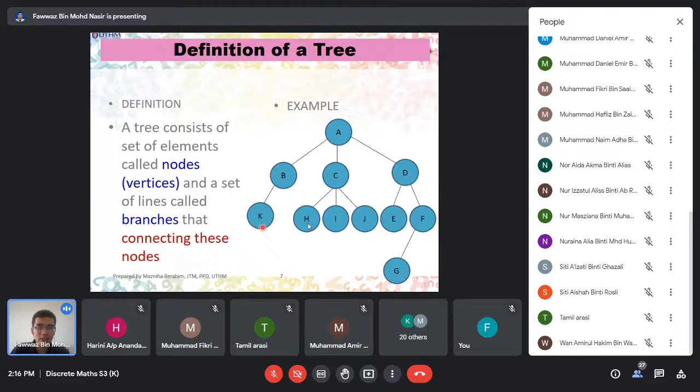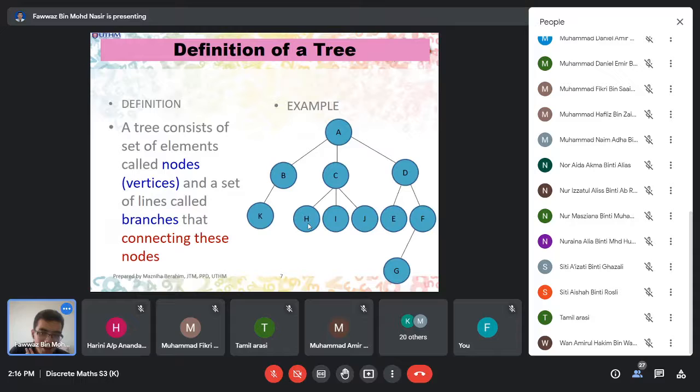Contohnya kalau kita ada edge antara K dengan G, kalau ada edge antara K dengan node G ni, kita tak boleh categorize that graph as a tree. Tapi dalam contoh ni, kalau kita tak ada edge antara K dengan G, okay, so kita boleh categorize this figure as a tree.